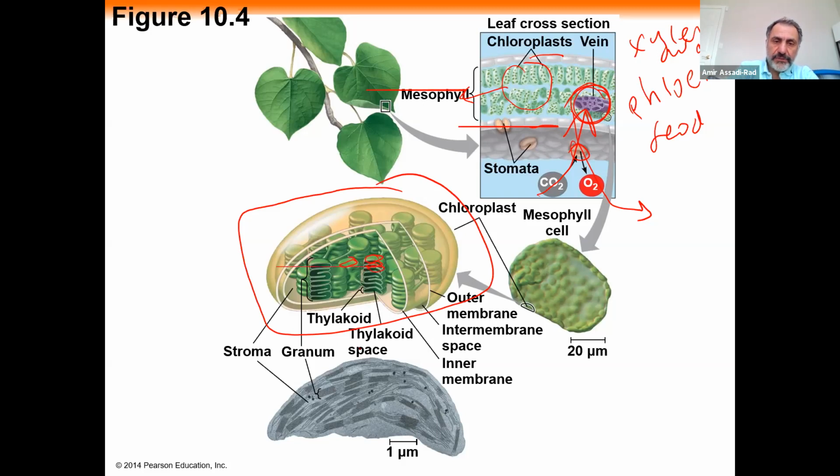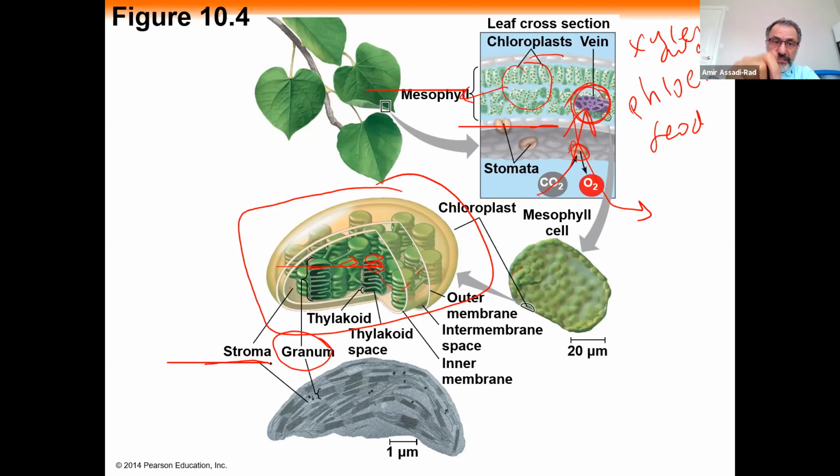When a stack of thylakoids is on top of each other, it's called a granum. And when you have a few grana attached to each other, okay, and the medium. You remember in mitochondria, the medium was called matrix. The medium of the chloroplast is called stroma, right here, okay?